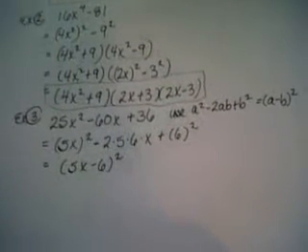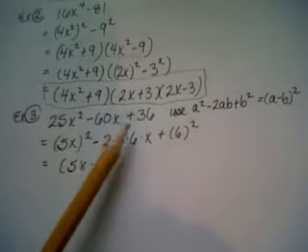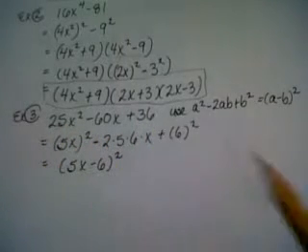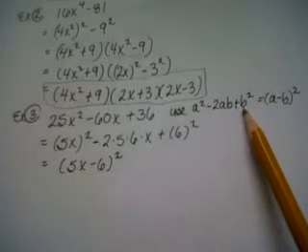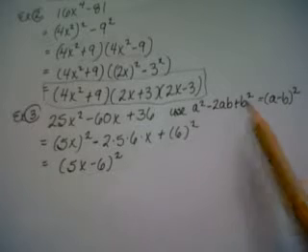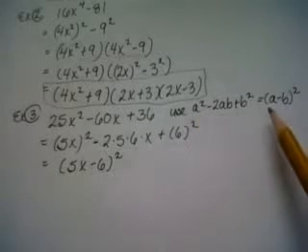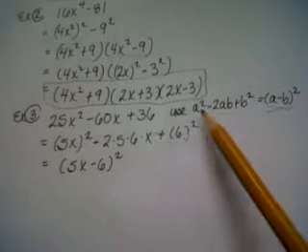Okay, let's take a look at one of the other formulas. So here, if I had 25x squared minus 60x plus 36, this is the formula that I could use, a squared minus 2ab plus b squared. So I need to make sure, well, what is my a and what is my b? And when I use this formula, that's going to turn out to be a minus b, all of that gets squared.